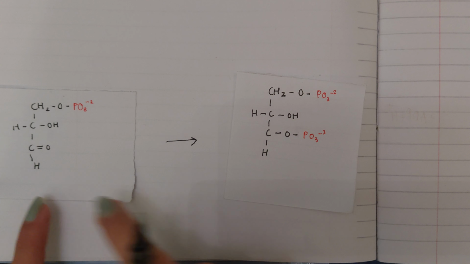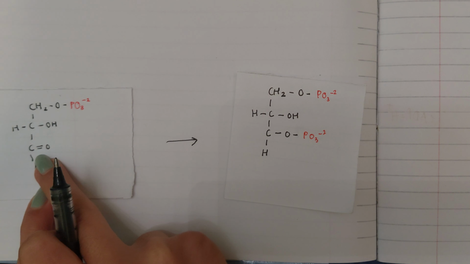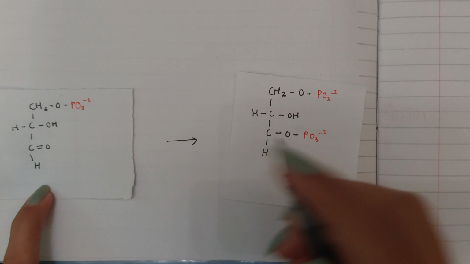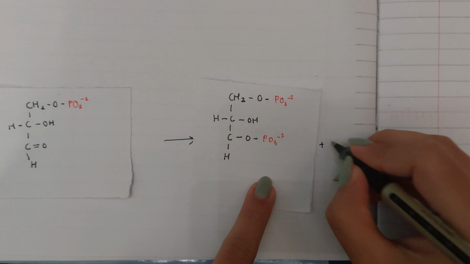Basically what it does is remove the double bond and add the phosphate ion, and by this process 2 NADH molecules are produced.